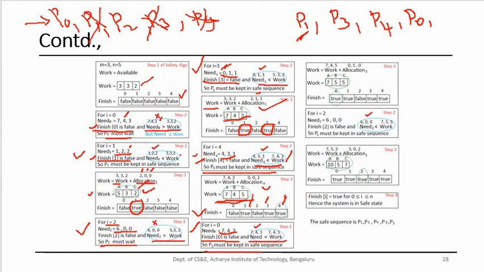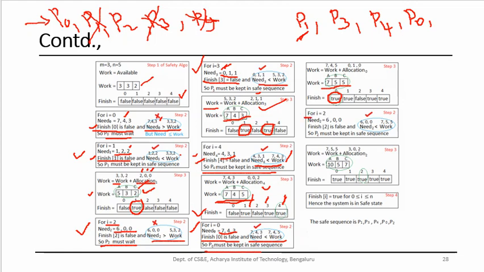Similarly, we claim the resources which have been allocated to P0 and add them to the work. So now we have 755 resources, that is 7 instances of A, 5 instances of B, and 5 instances of C. And because we have added P0 to the safe sequence, we make finish of 0 equal to true.